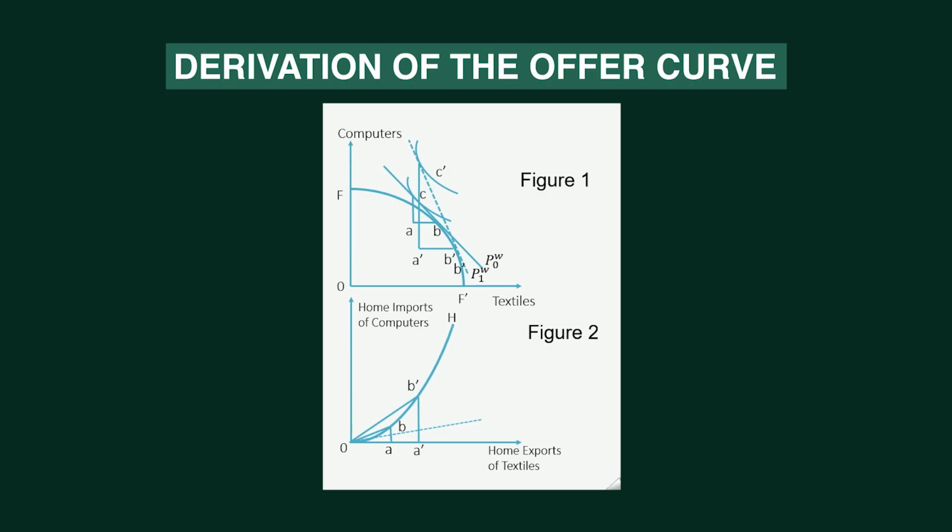If the country is ready, then the exchange takes place, and that is what trade is. So this ACB is nothing but my trade triangle. This means that AB amount of export is done in exchange for AC amount of import. So what is happening when the price ratio is P0W?